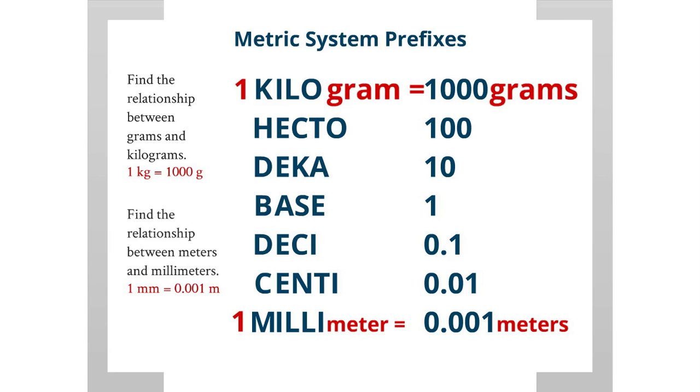And as you can see, these all follow the same pattern. For example, 1 kiloliter will equal 1,000 liters. 1 milligram would equal 0.001 grams. So once you understand this pattern, you can come up with a relationship between any metric system unit and its base.